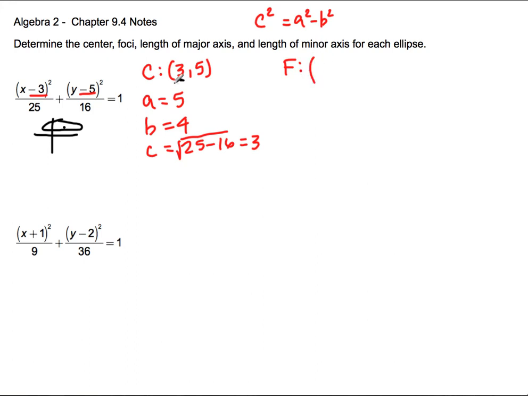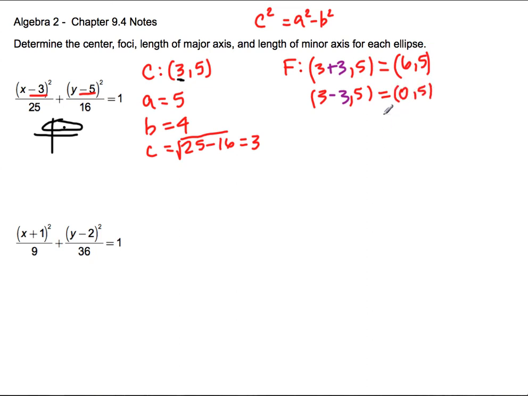I'm going to do the center coordinate here, 3. And then to find one focus, I'm going to add 3, and to find my other focus, I'm going to subtract 3. That takes me in both directions away from the center, both to the right and the left. So my foci are the points 6, 5 and 0, 5.